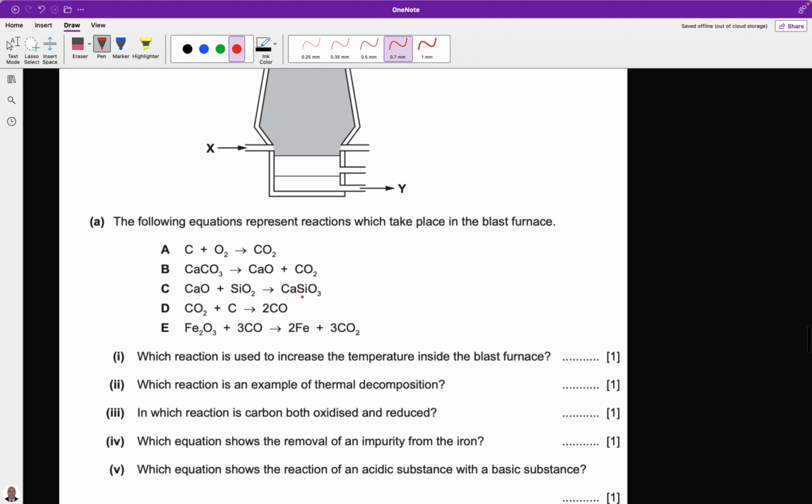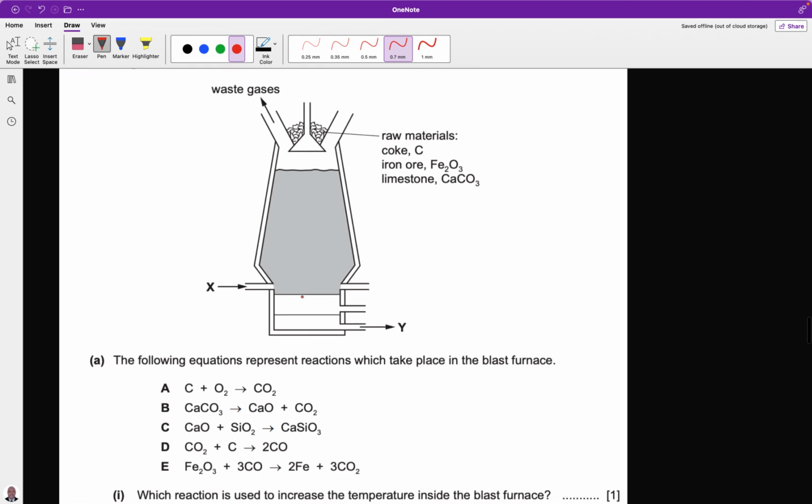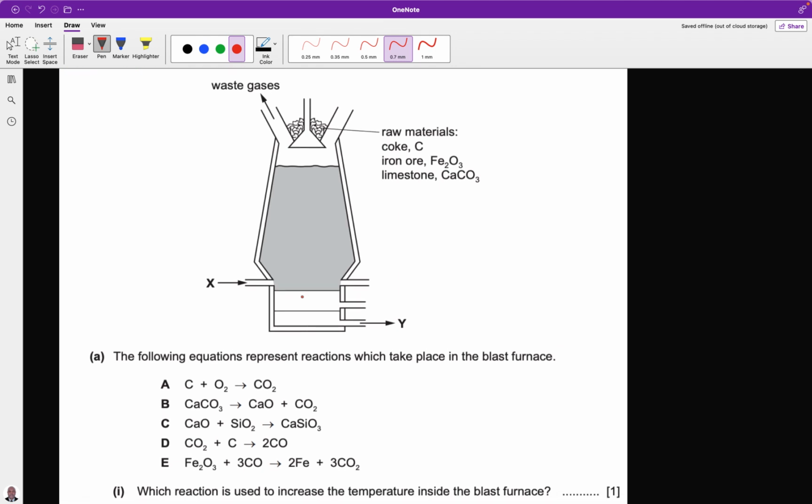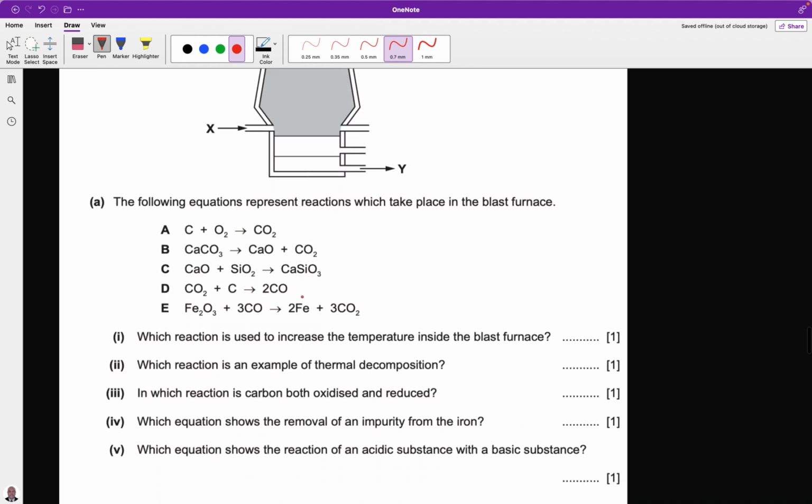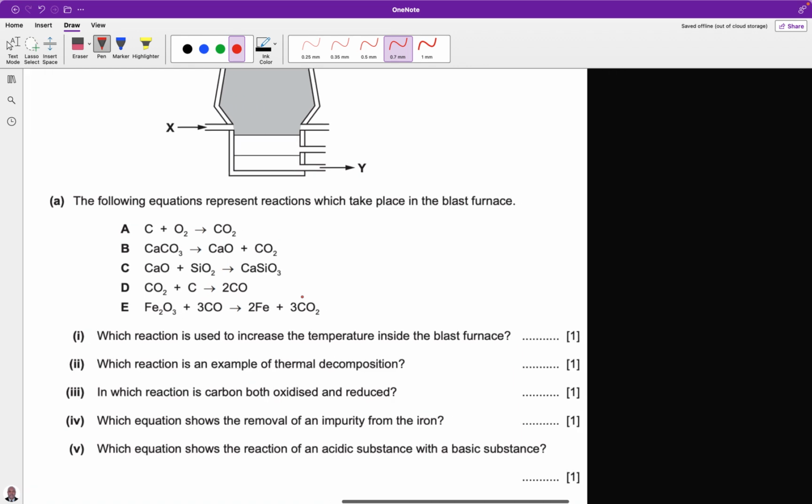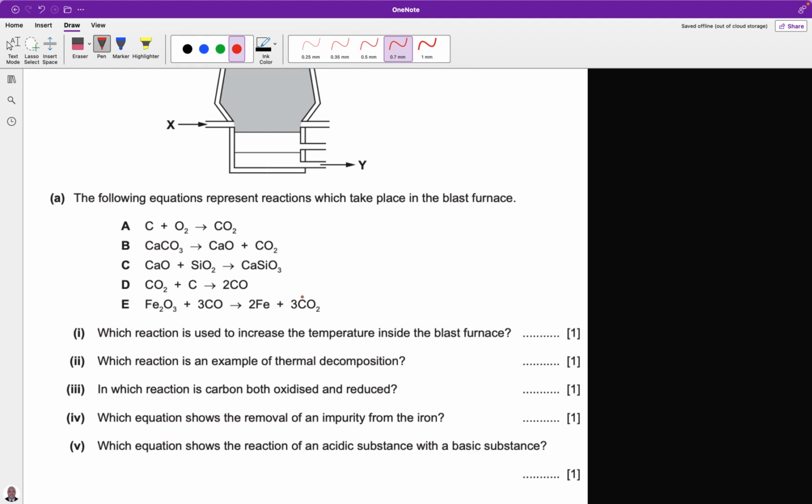If you have studied the blast furnace very well, when it is fed with coke, that is carbon, the iron ore, and the limestone, the reaction that increases the temperature will be A. Which reaction is used to increase the temperature inside the blast furnace? It is reaction A.